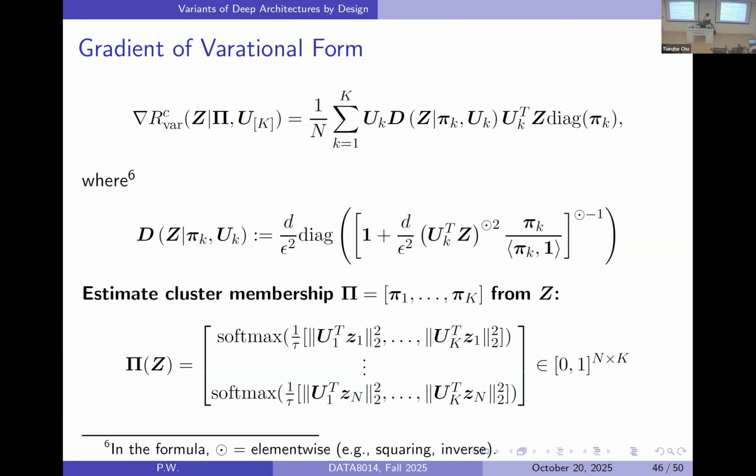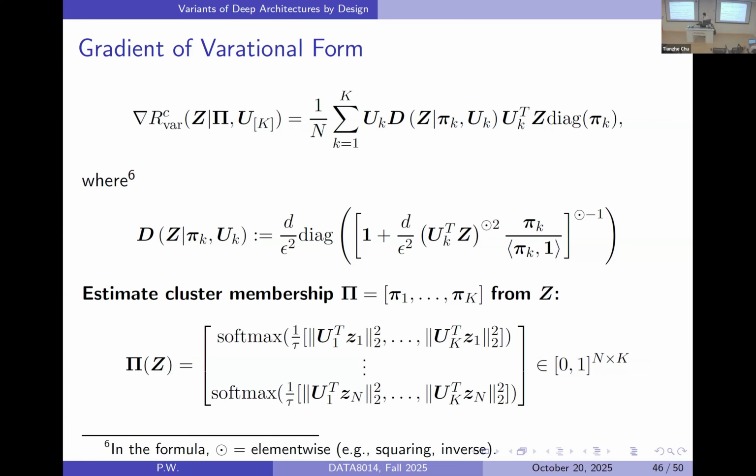If we project onto different bases, suppose we impose the covariance assumption that U_k transpose U_l equals 0 for any k not equal to l, or is close to 0.